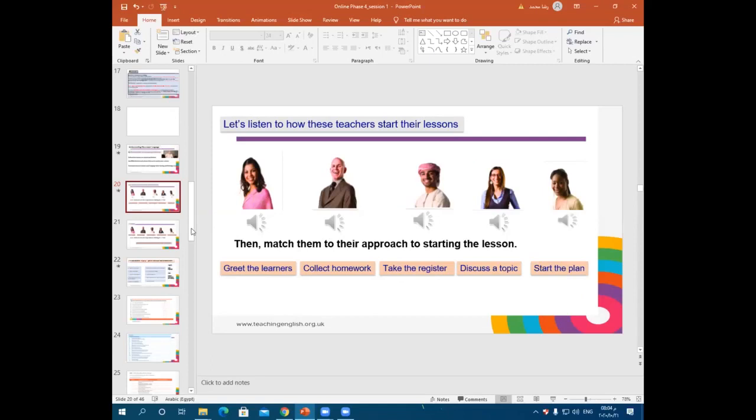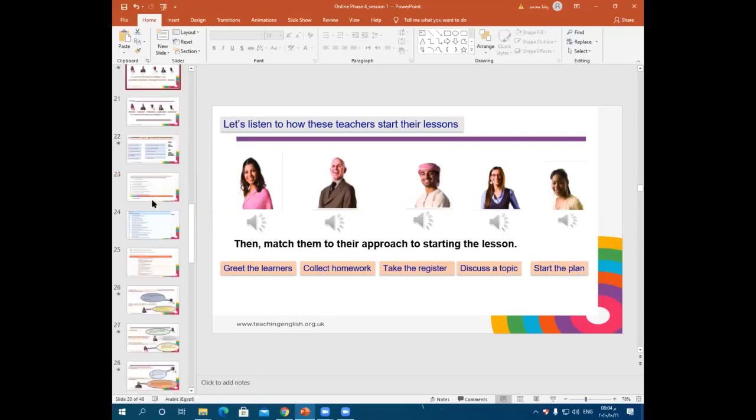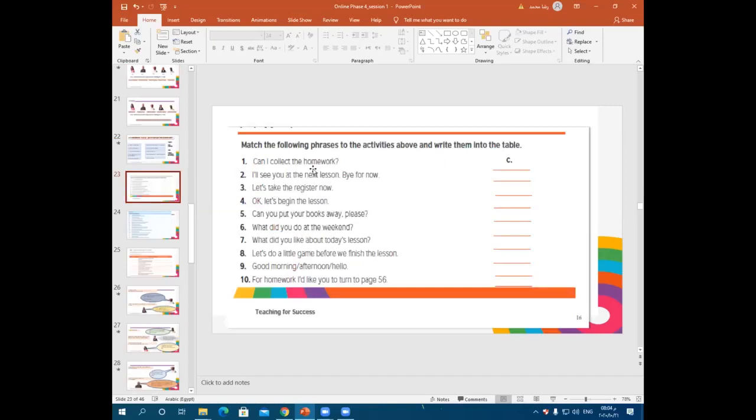Okay, so let's see which approach is it. Can I collect homework? Which approach is it? Collect homework. Collecting homework, excellent.